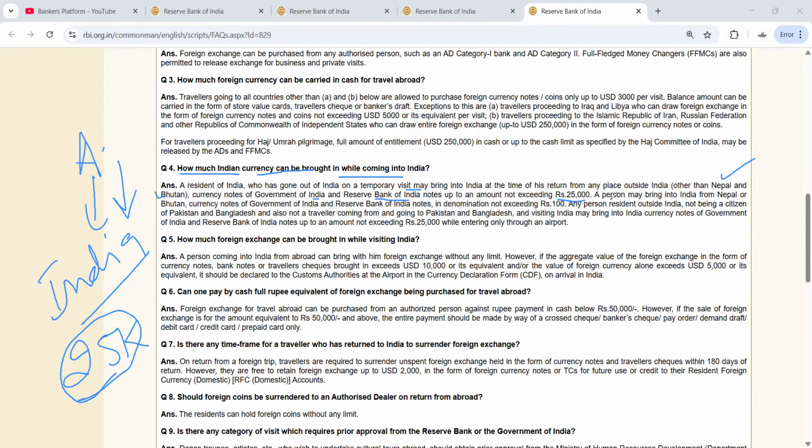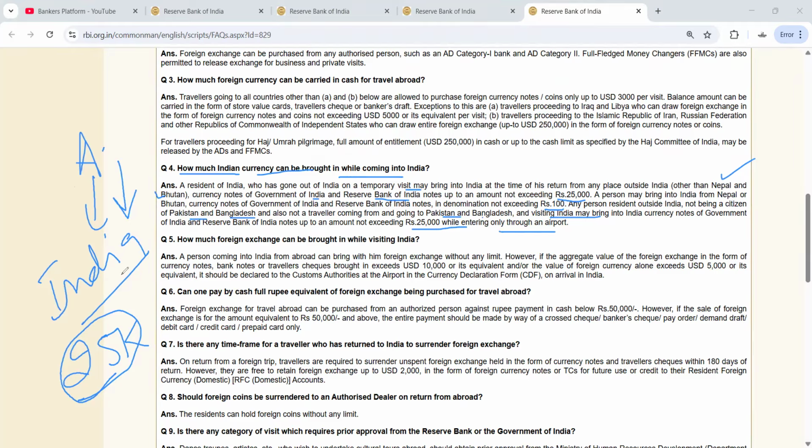Okay. A person may bring into India from Nepal or Bhutan currency notes of Government of India and Reserve Bank of India notes in denominations not exceeding 100 rupees. So they can bring the money, but the denomination should not exceed 100 rupees. Okay. Any person resident outside India, not being a citizen of Pakistan or Bangladesh and also not a traveler coming from and going to Pakistan and Bangladesh, and visiting India, may bring into India currency notes of Government of India and RBI notes up to an amount not exceeding 25,000 while entering only through an airport.